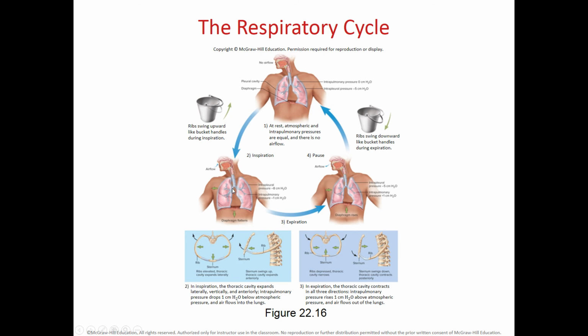And when you are expanding your thoracic cavity, you decrease the intrapulmonary pressure so you can inhale because you have less pressure inside the lungs than the atmosphere. And here, when you are compressing the thoracic cavity and the lungs, you increase your intrapulmonary pressure, you overcome the atmospheric pressure, and then you exhale.